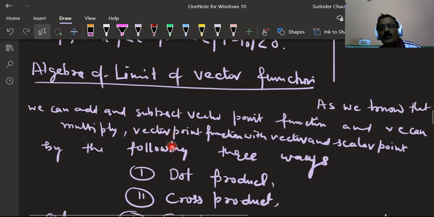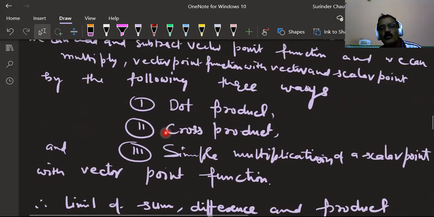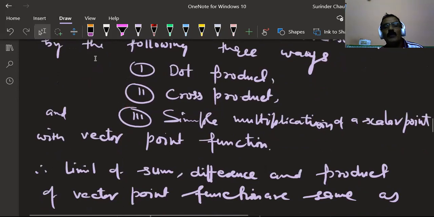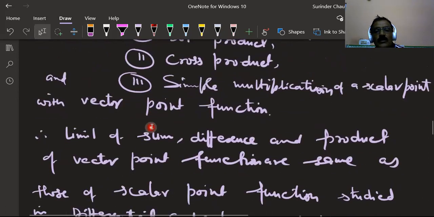Number one, we can find the dot product of two vectors; we can find the cross product of two vectors; and we can simply multiply a scalar function with a vector function. So in vector calculus we have three types of multiplication. We can add, we can subtract, and we have three multiplications. So we can find their limits.